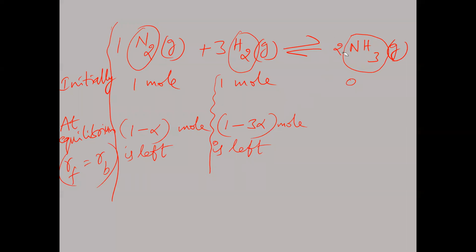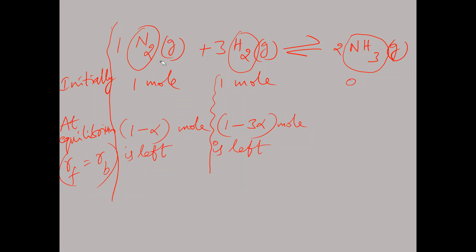Now, how will we decide the number of moles of ammonia? The number of moles of product will always be decided by the limiting reagent. We have to understand the limiting reagent first. Generally, 1 mole of nitrogen consumes 3 moles of hydrogen. If 1 mole of nitrogen is completely consumed, we get 2 moles of ammonia.